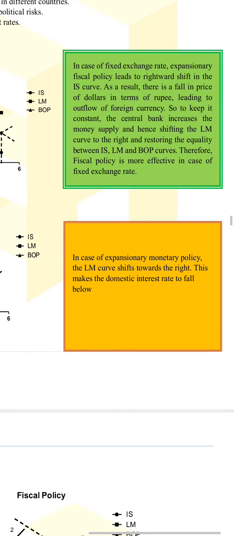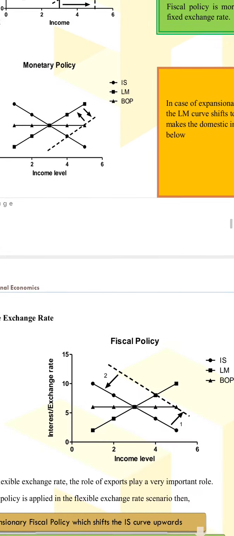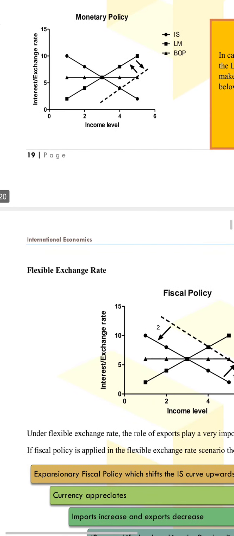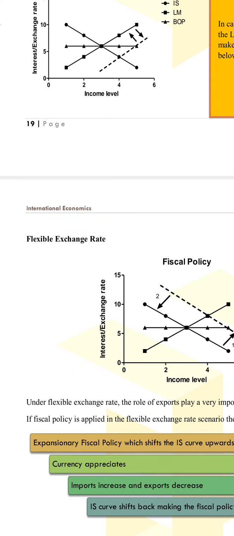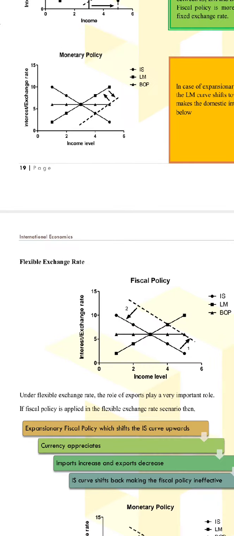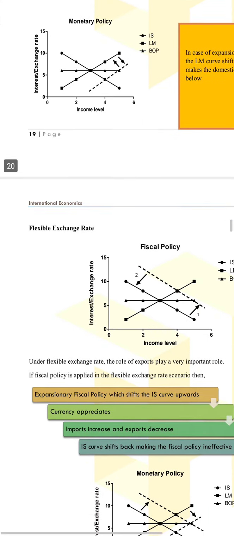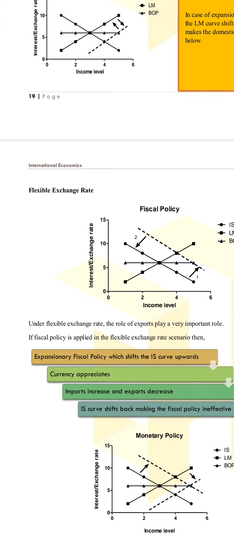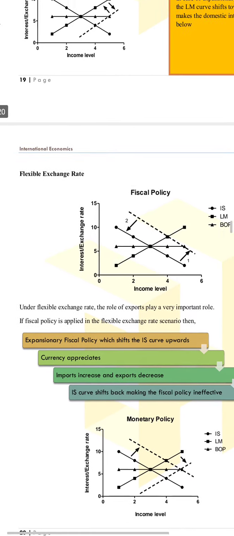In case of expansionary monetary policy, the LM curve shifts towards the right. This makes the domestic interest rate fall below the world rate. Now, flexible exchange rate: in this flexible exchange rate, exports play a very important role.